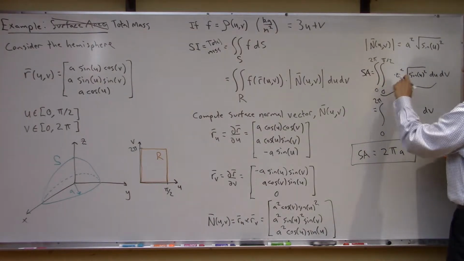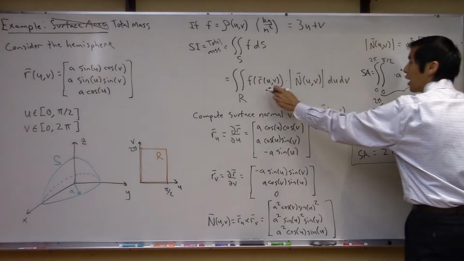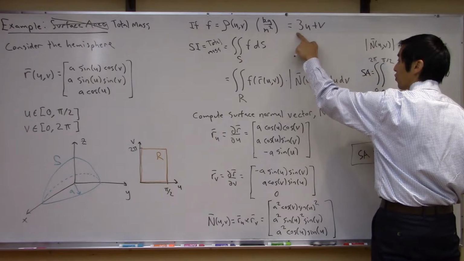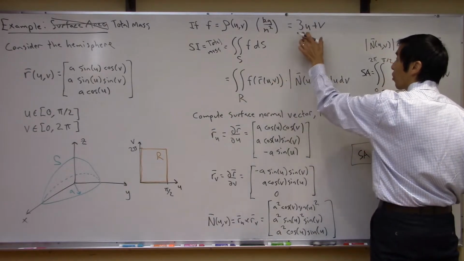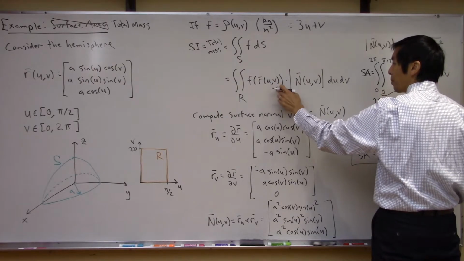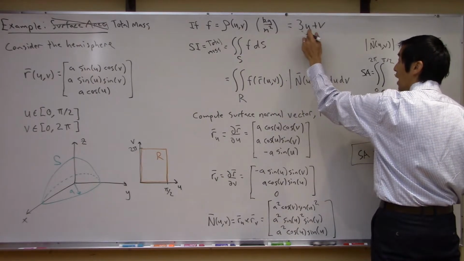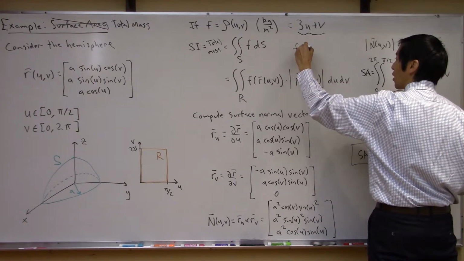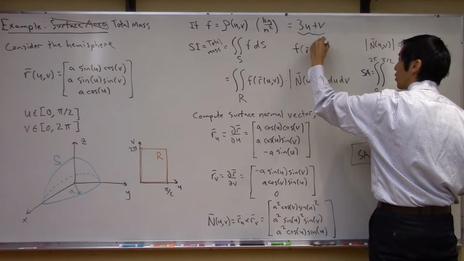But now, this function f evaluated at r(u,v) is actually this. And the nice thing is we already have the function in UV space, so this is basically our function at r(u,v).